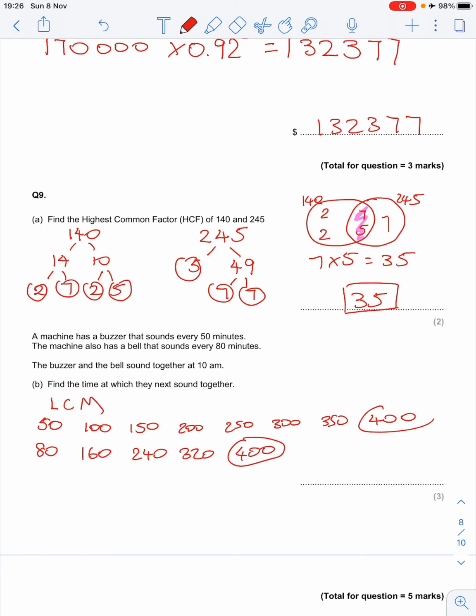So we have the common multiple after 400 minutes. So remember, 1 hour equals 60 minutes. So 400 minutes would equal how many hours?